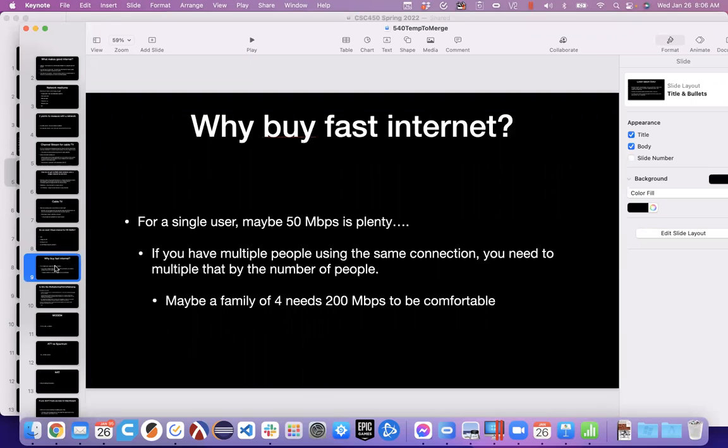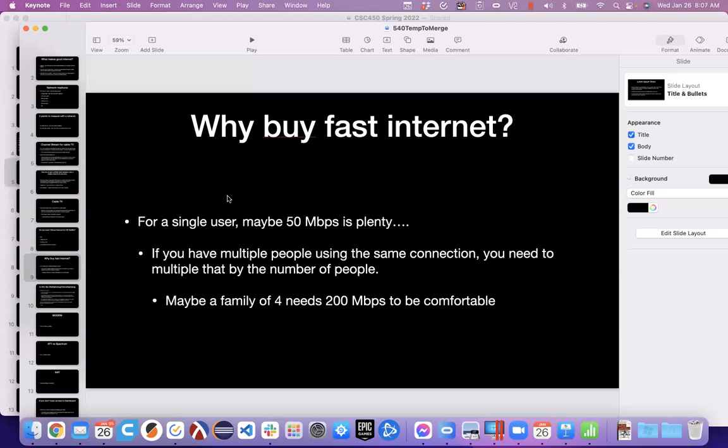All right, so we talked about the difference between bandwidth and latency, and why somebody would want fast internet. For example, what does fast internet mean? We talked about now that we have all of our devices connected to the network, we can't just view it through a single user or a single application use on the internet.